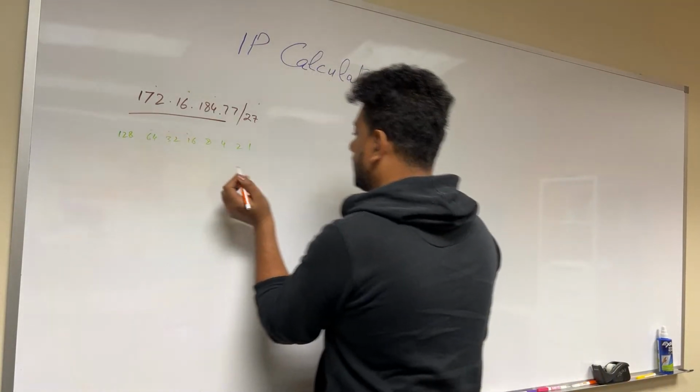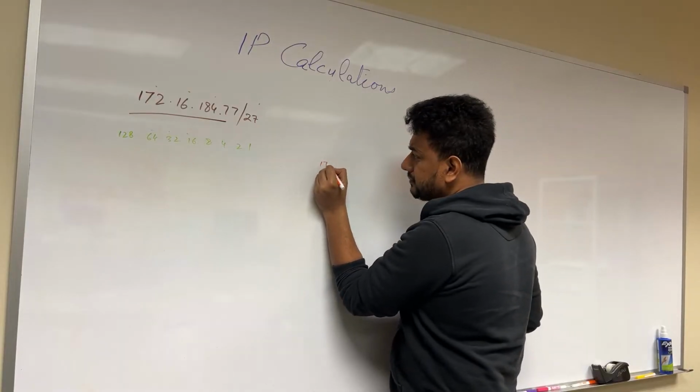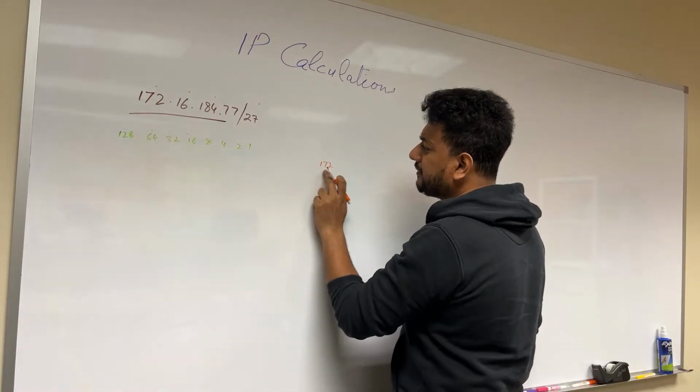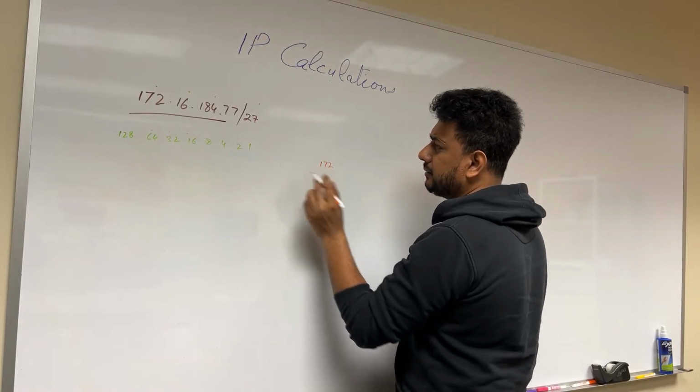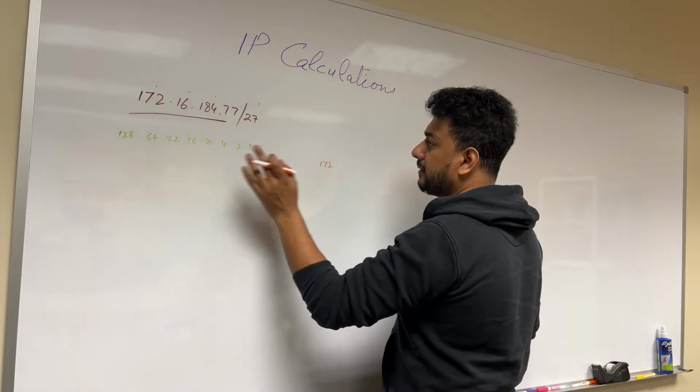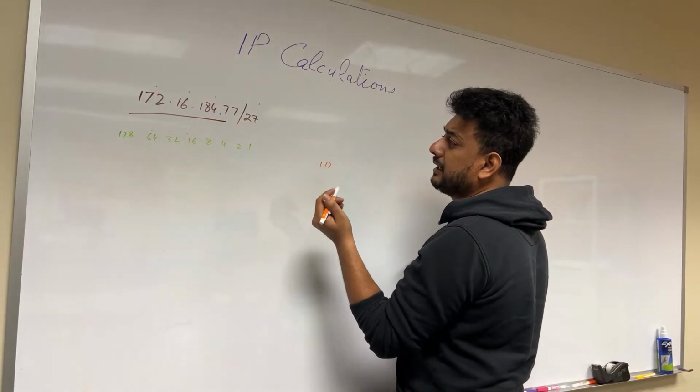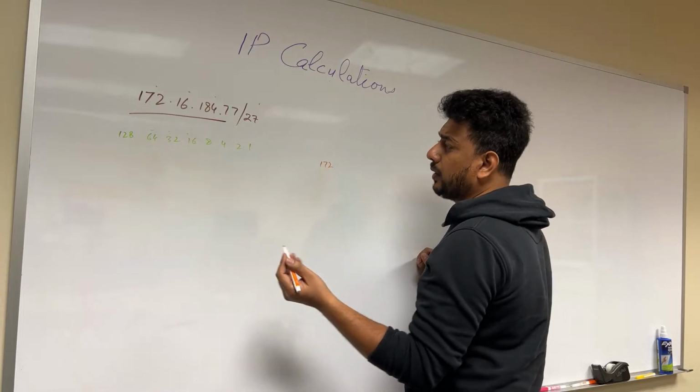To calculate this, you want to use the other pen. 172. So we have to see, can I minus 128 from 172? If the answer is yes, that means the first bit is going to be 1.